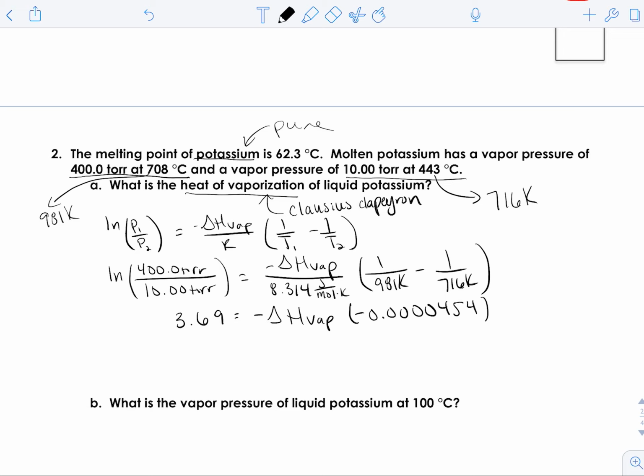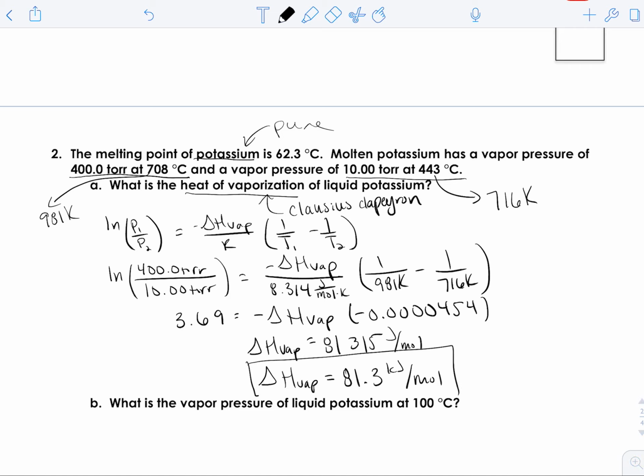And then if we solve for delta H vap, we get 81,315 joules per mole. Or you can put it into kilojoules, which I prefer, 81.3 kilojoules per mole with 3 sig figs. There. Okay.